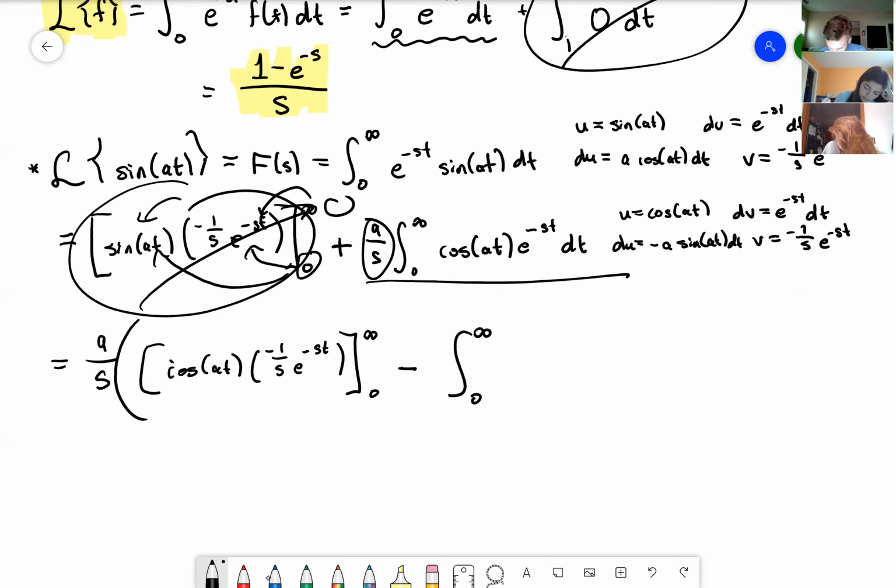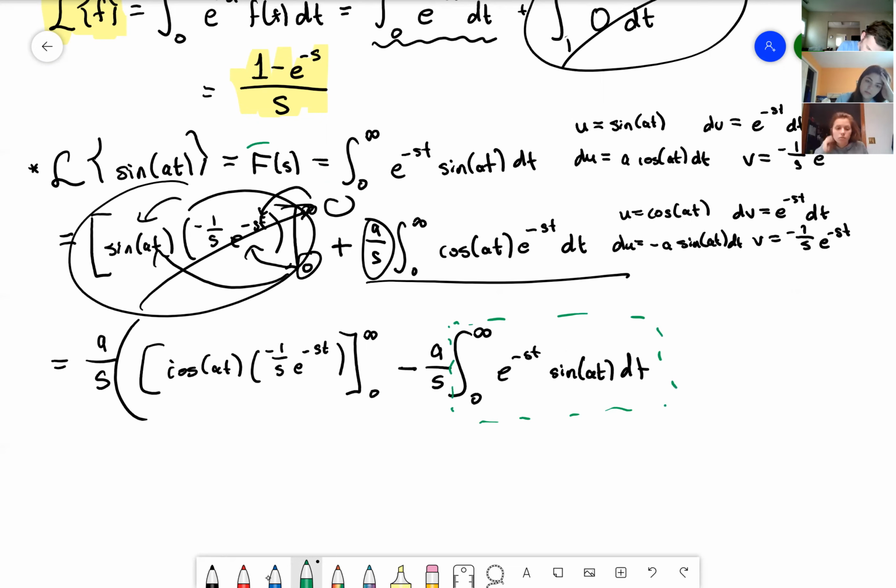So now I get negative a over negative s, so that's just a over s. This time it stays negative. And I get e to the minus st sine of at, and you'll notice that this integral right here is just F of s.